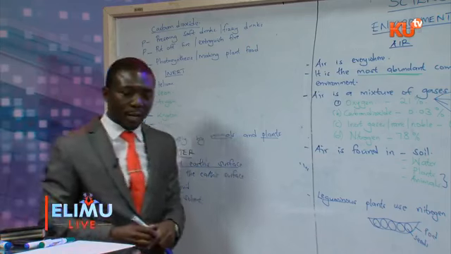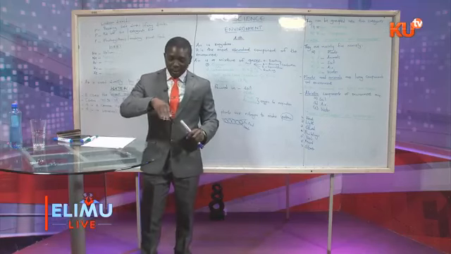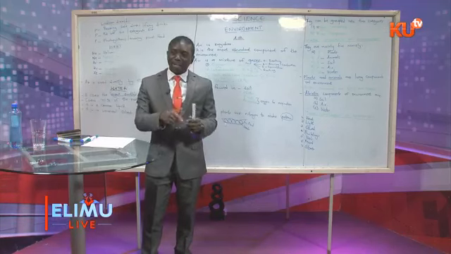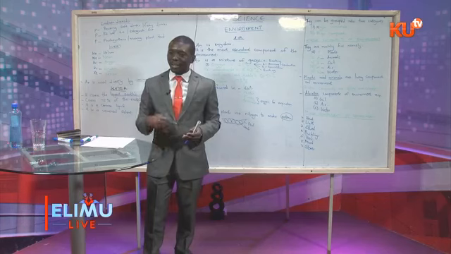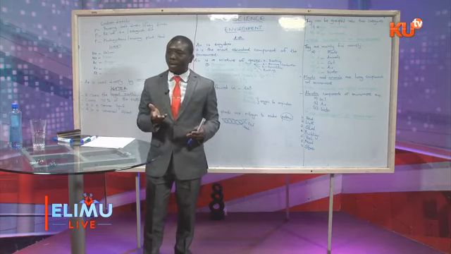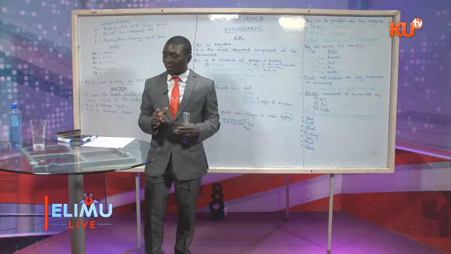If you take sugar or salt and put it in diesel, you realize that it cannot disappear inside. It is insoluble there. But if you dissolve it in water, it dissolves. That's why we say it is a universal solvent. That's why we use it when carrying out experiments.